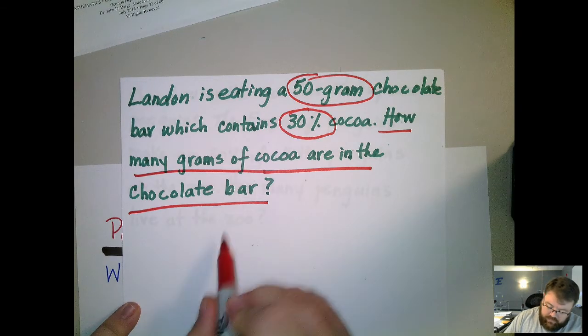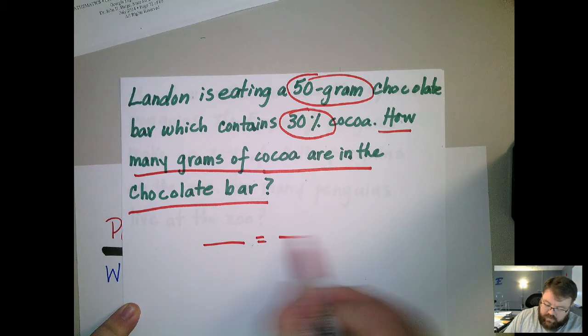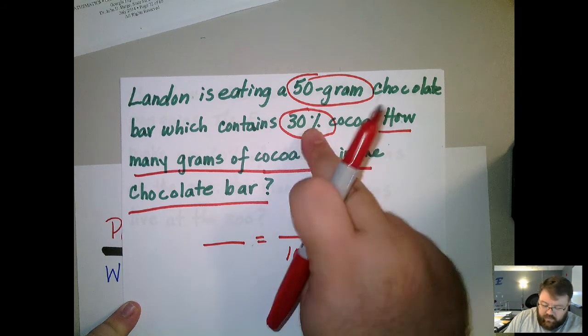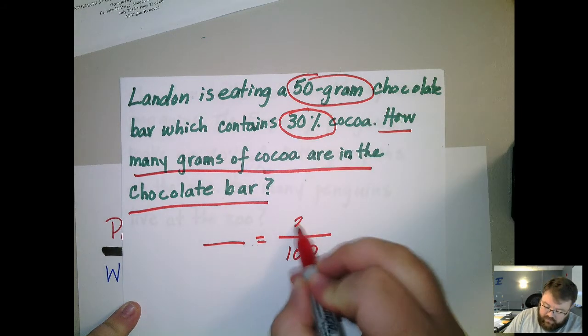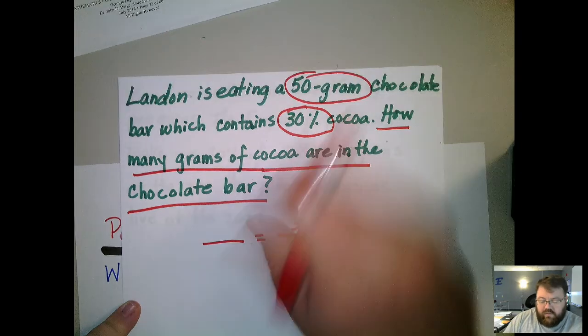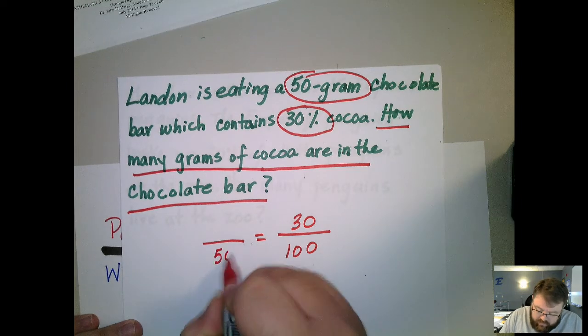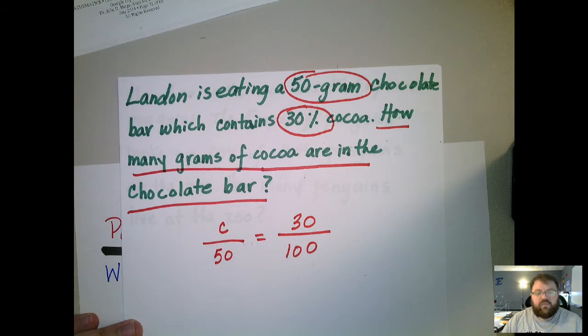Alright, hopefully you started off with line equals line. You said 100. You saw that you had a percent, so it's going to go above it. You saw 50 is the total candy bar. That's the whole candy bar. So that's 50 grams, and your job is to figure out the part. Okay?